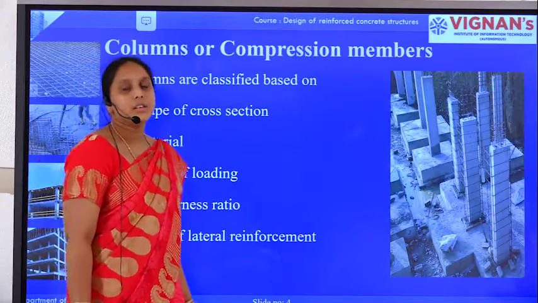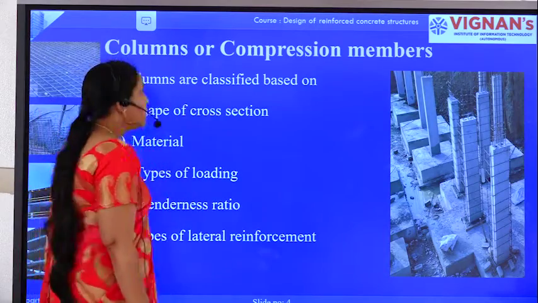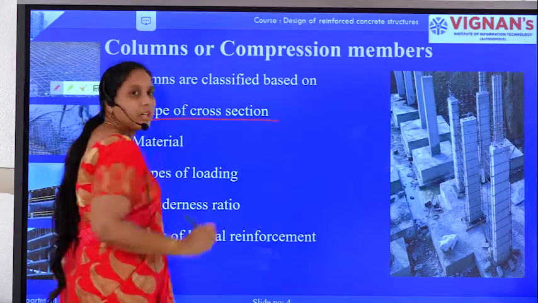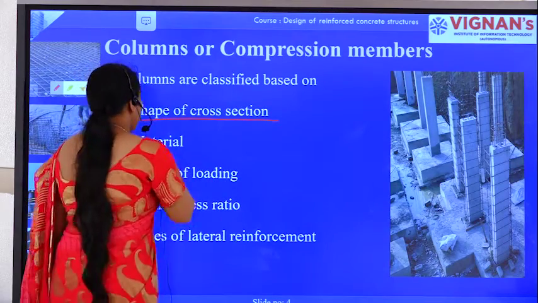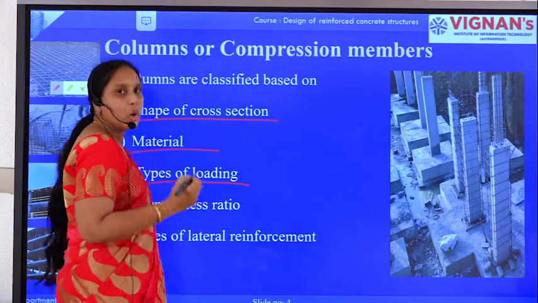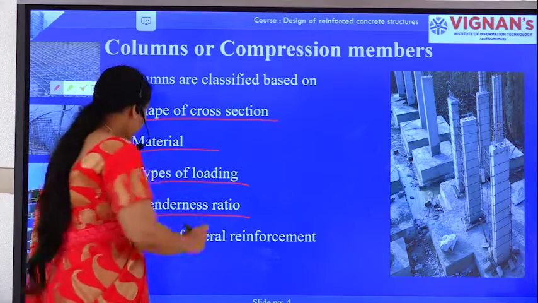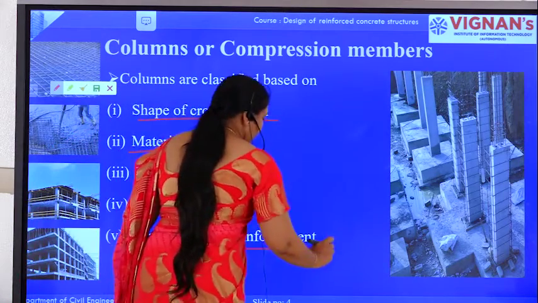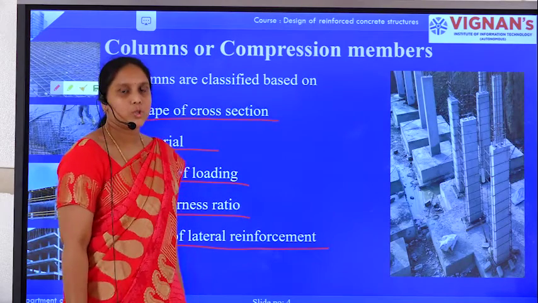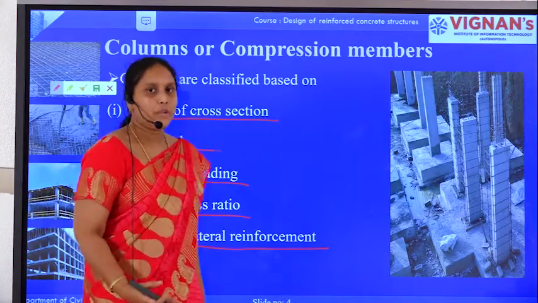Now let us see the classification of columns. Columns are classified based on the shape of the cross section, the material used, the type of loading, the slenderness ratio, and the type of lateral reinforcement. Now let us see in detail the classification of columns.